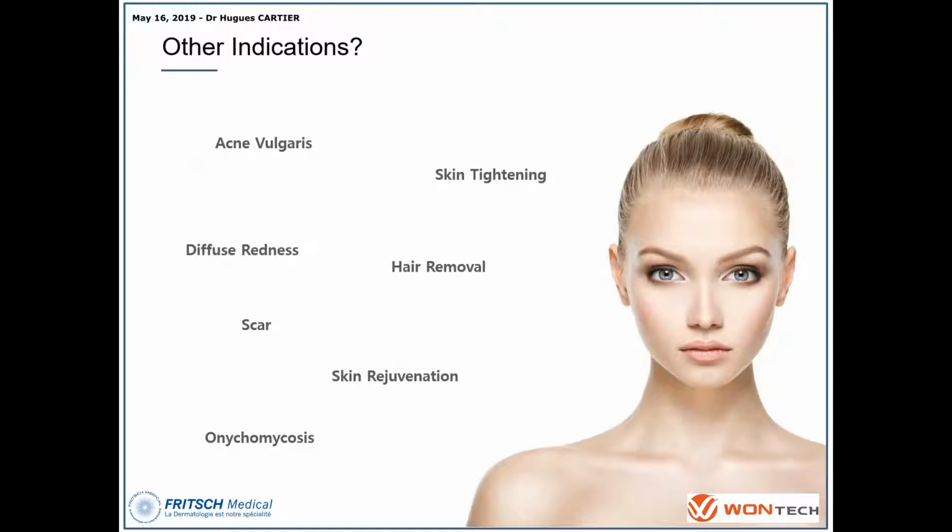So you have many indications: active acne and diffuse redness. You can combine KTP or Nd:YAG for young scars. KTP can be used for a thin or very fresh scar. If you have to modify the thickness and modulate the firmness of the scar, you can use the 1064. Onychomycosis, you can also treat with the Genesis at 0.3 milliseconds, very important, as well as skin tightening and hair removal.